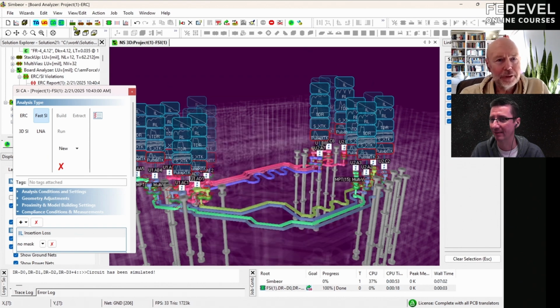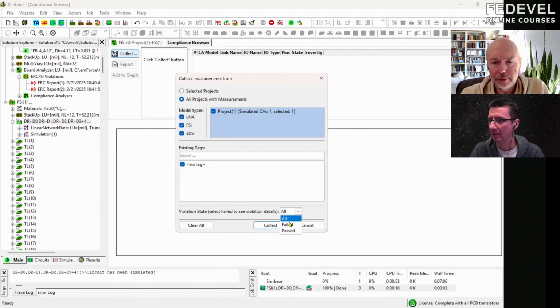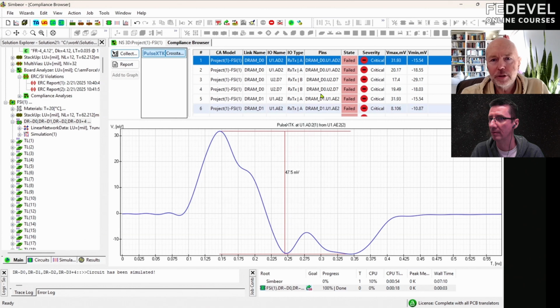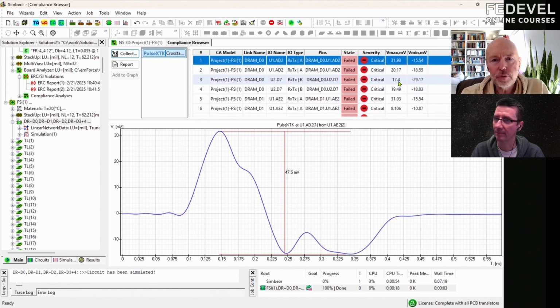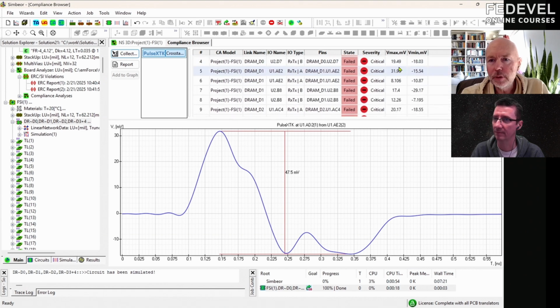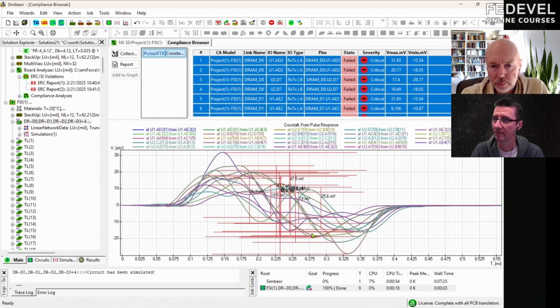Exactly. And we can create a report, collect all the failed ones. And we can see the value of crosstalk right here. So you can see what the severe violation is. It's about 30 millivolts. So if you take a look at all of them, that's all violated crosstalk on this board.